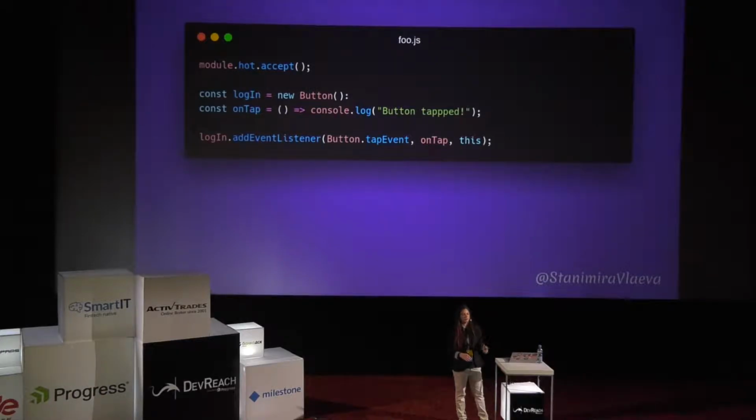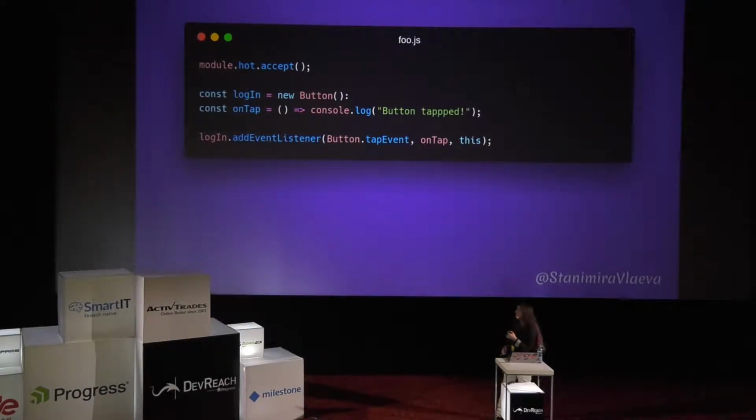Let's see an example. We're creating some button, and we're attaching an event listener to it. Yay, this works. So we're creating a new button, then we have some event handler, and we're attaching an event listener to our button.